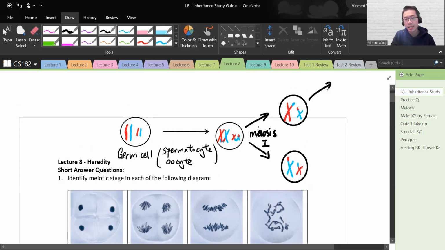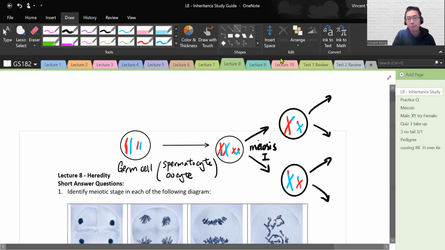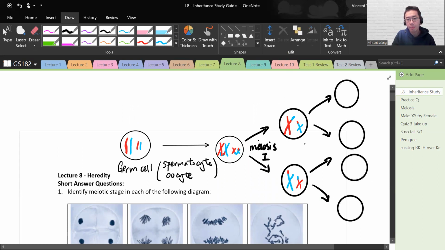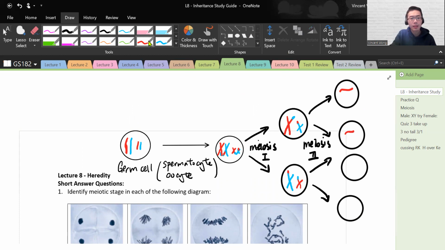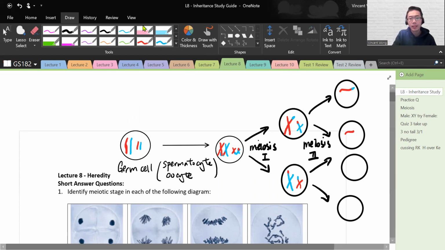And then what's going to happen is these will go on and divide one more time, and you will end up having 4 cells. Okay, this is meiosis 2. And in this case, the sister chromatids will separate. So one of them might get that. Okay. And then here we are going to have the short one as well.